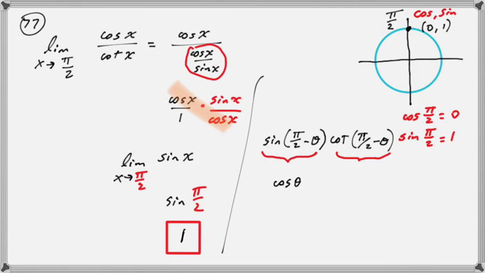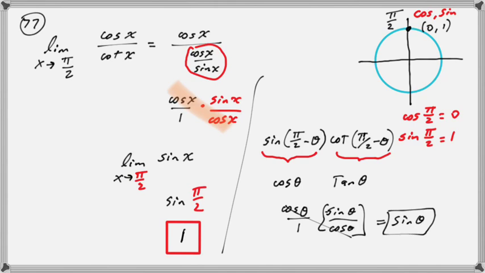Cotangent, when you have 90 degrees or pi over 2 minus theta, turns it into tangent. It's cofunction. And what is tangent? It is sine over cosine. Those could cancel, and this would just simplify to sine. So I don't know if you guys remember all your trig from pre-calc. I kind of assume you don't, but some of it will come back over time, I hope.